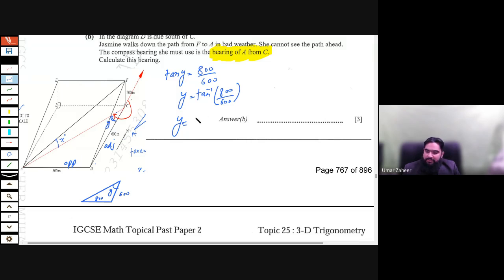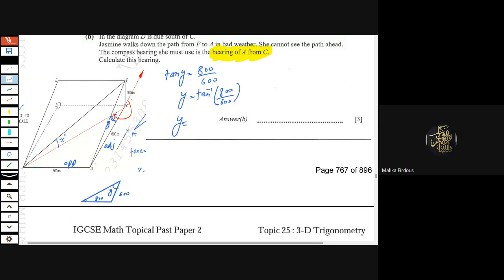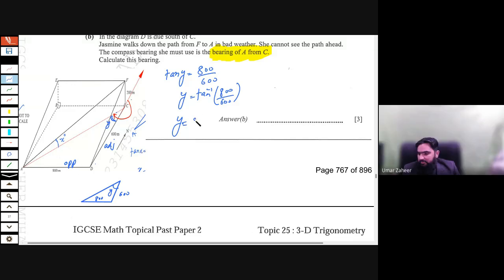Y is equal to tan inverse of 800 divided by 600, which is 53.1 degrees.